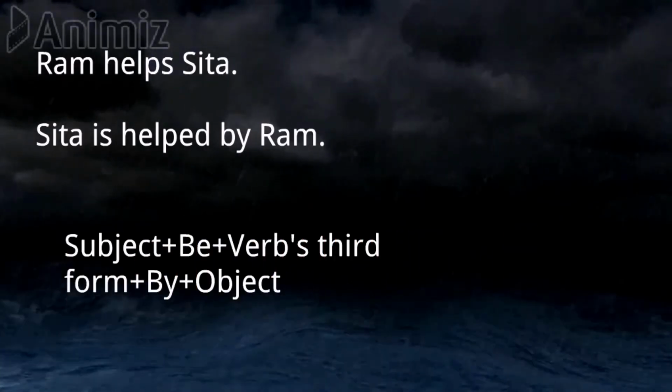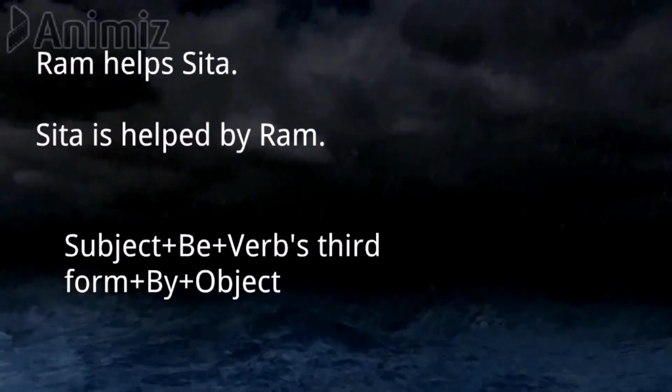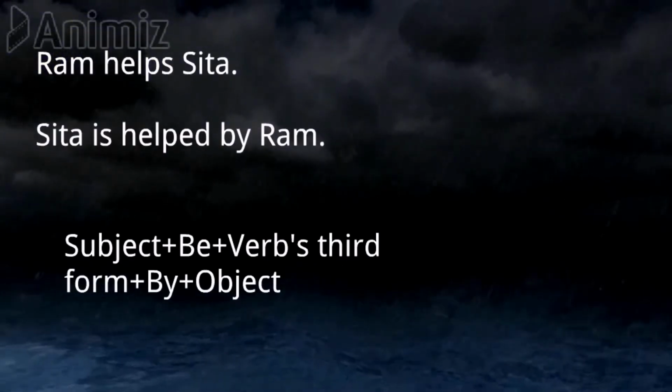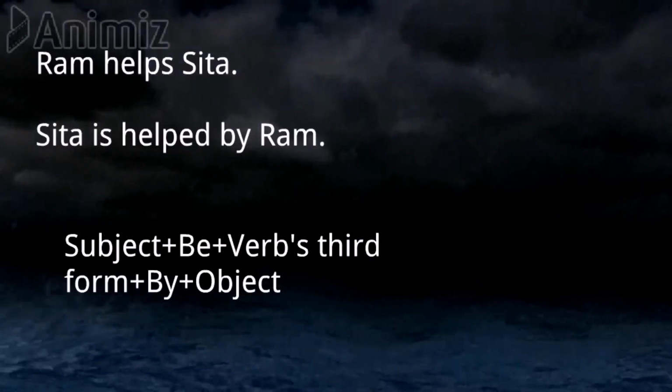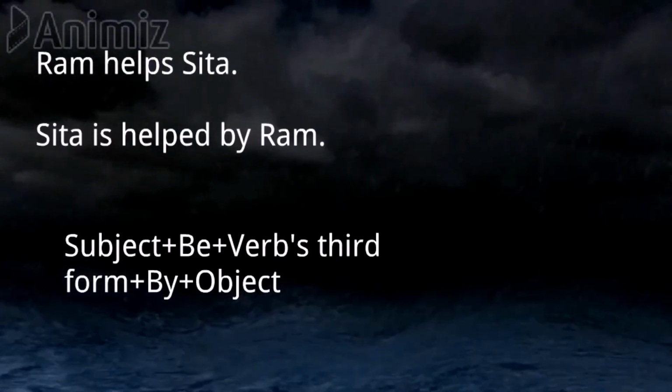Now pay attention here, students. Look to first sentence. Ram helps Sita. Here Ram is the doer of the action. So where the subject is the doer of the action, we say that it is in active voice. And when the subject is the receiver of the action, we say that it is in passive voice.